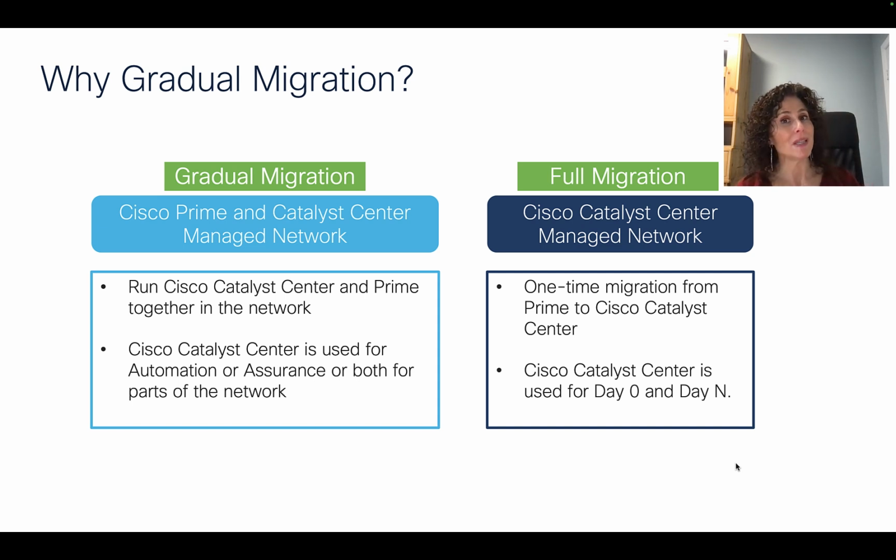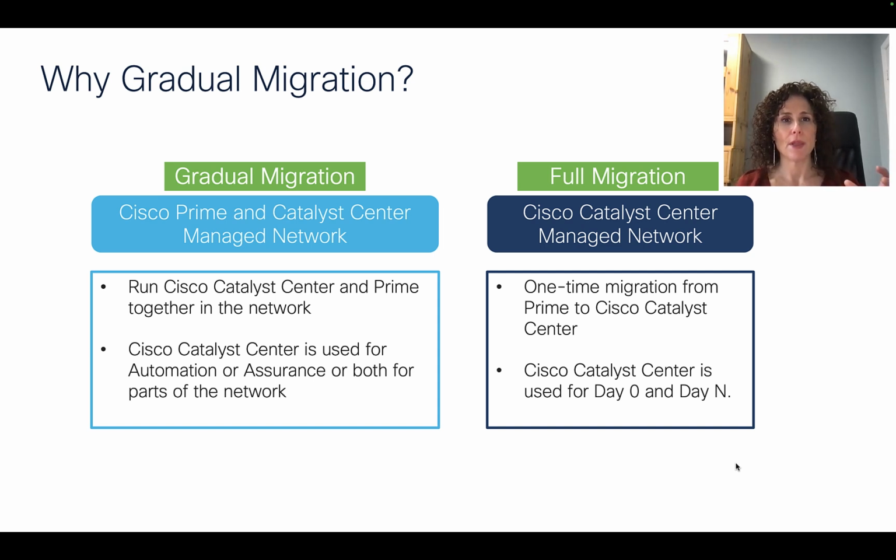And gradual really means different things. It could mean start with a group of locations first, as opposed to all the locations, and migrate from Prime to Catalyst Center for either both automation and assurance, or maybe we can do it just for assurance. Another way would be to take all the locations and just migrate for assurance first, wait, test the waters, and move the automation operational model to Catalyst Center at a later time.